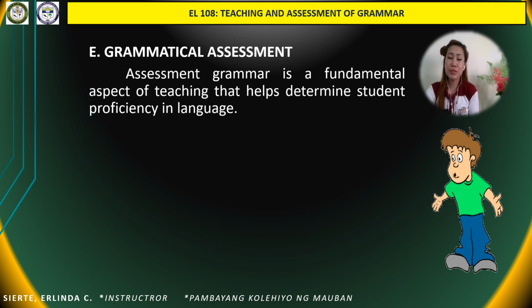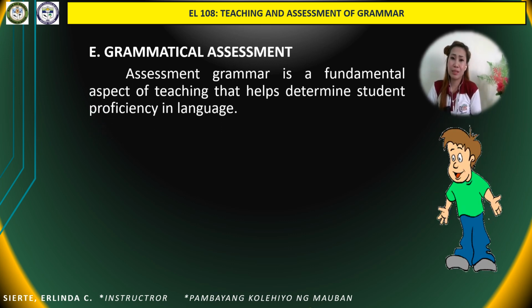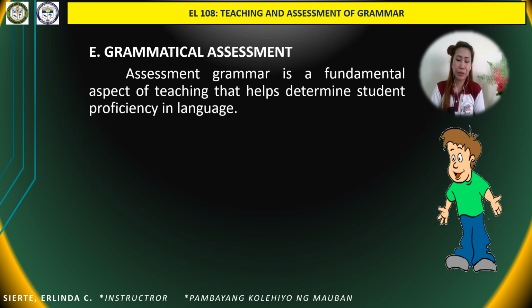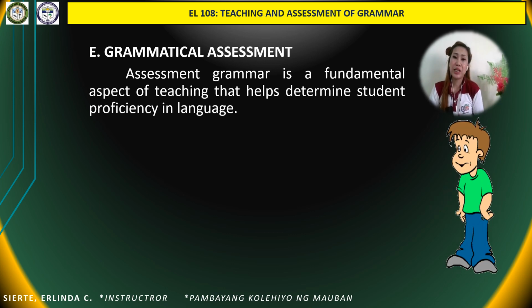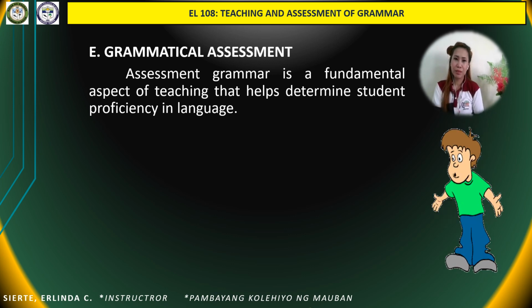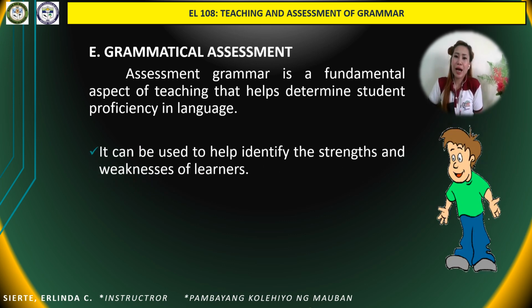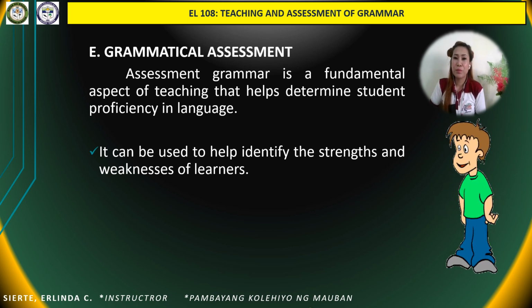Alright? So now let's proceed with grammatical assessment. So how are we going to assess grammar? According to this, assessing grammar is a fundamental aspect of teaching that helps determine student proficiency in language. So it can be used to help identify the strengths and weaknesses of learners.